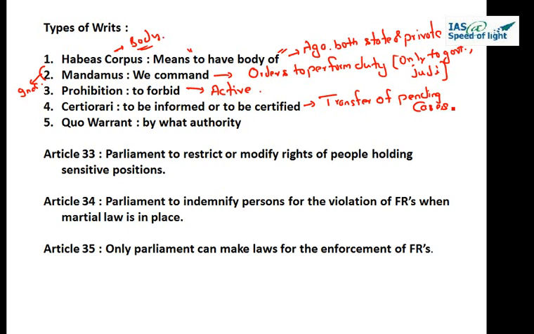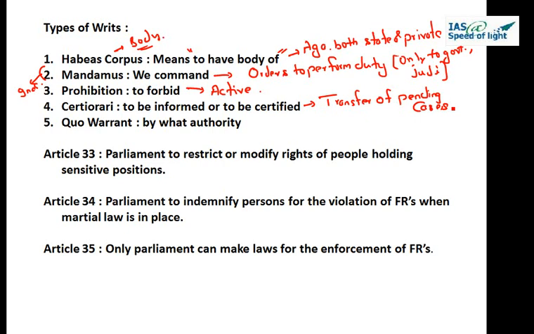Power of Parliament to modify the rights conferred in this part in their application to forces, etc. So Parliament may by law determine to what extent the rights conferred by this part shall, in their application to these many people, be restricted or abrogated. First, the members of the armed forces; second, the members of the forces charged with the maintenance of public order; third, persons employed in any bureau or other organizations established by the state for purposes of intelligence or counterintelligence.